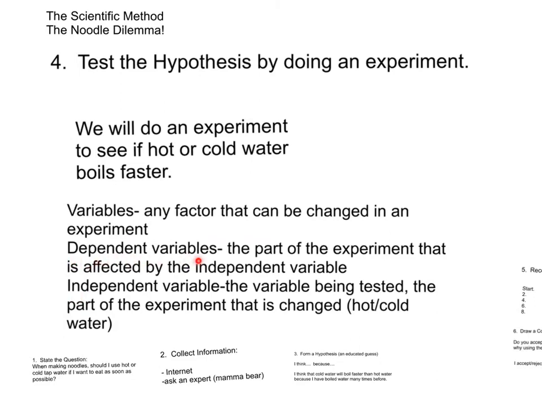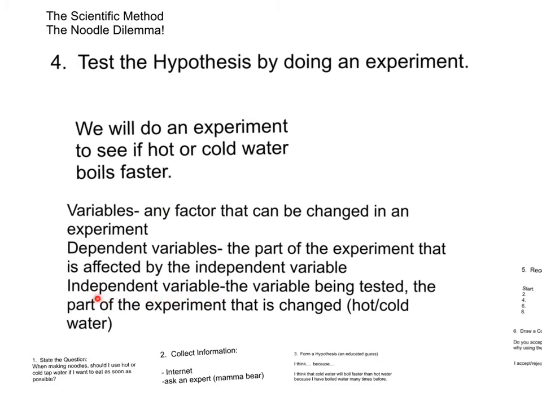The dependent variable is the part of the experiment that is affected by the independent variable. An example of the dependent variable in this experiment would be the time. The time was affected by whether we started with hot or cold water.